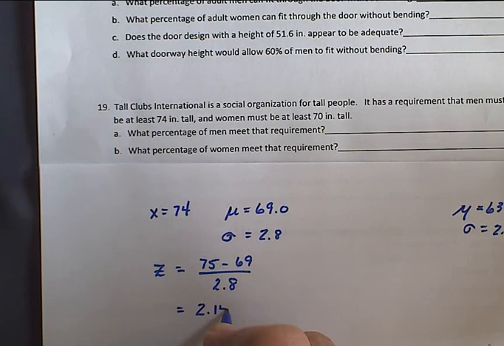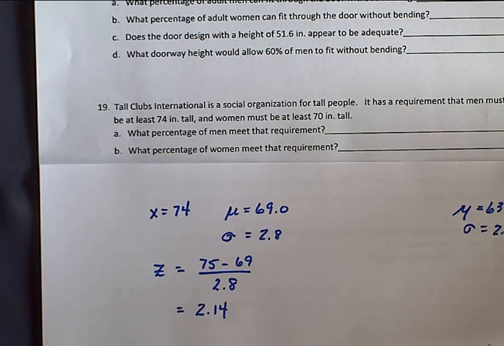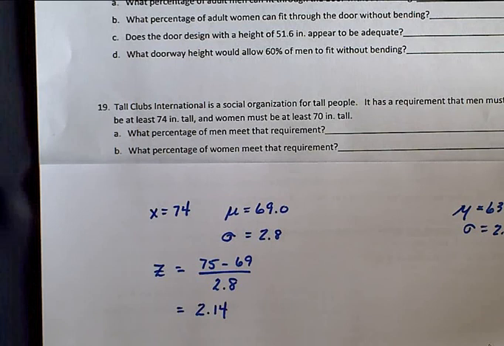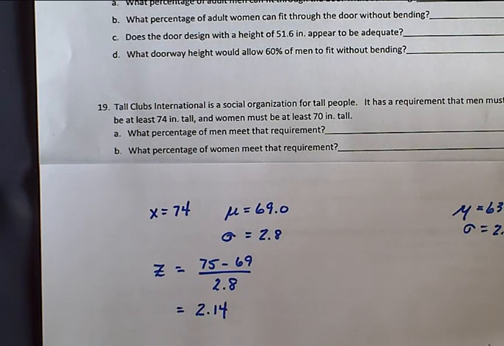Okay. So I know that people that fit have to be bigger than that. Okay. So when I look up 2.14 on the positive side, I get 0.9838.